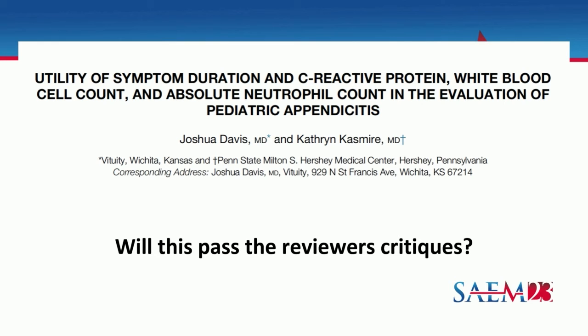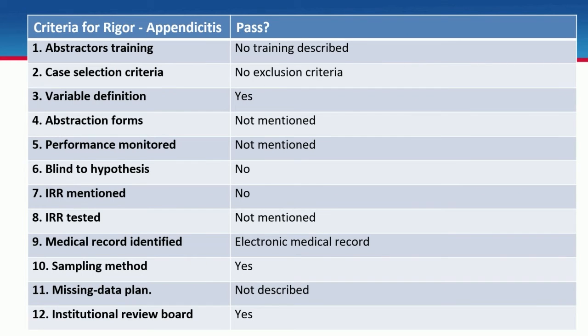But going over this paper, in terms of the items that were actually met in our checklist, being more structured and scientific, we'll go to the next slide here. The abstractor training definitely was not described. Case selection criteria were described, but there were no exclusion criteria. The variable definition, we thought, did a very good job explaining it and going into very good detail. There was no mention of a tracking form.